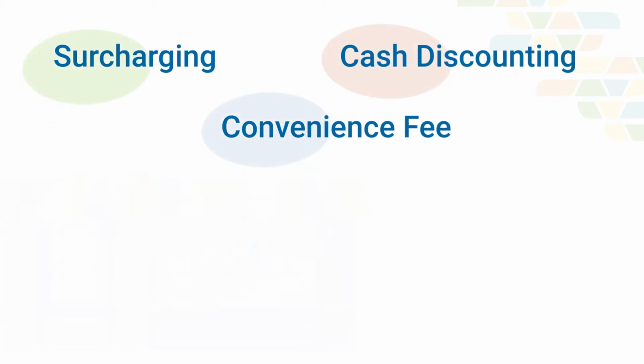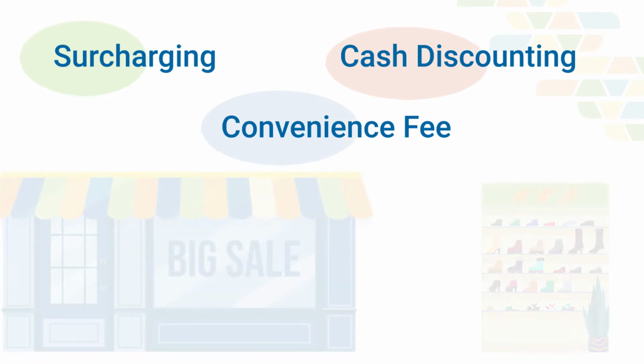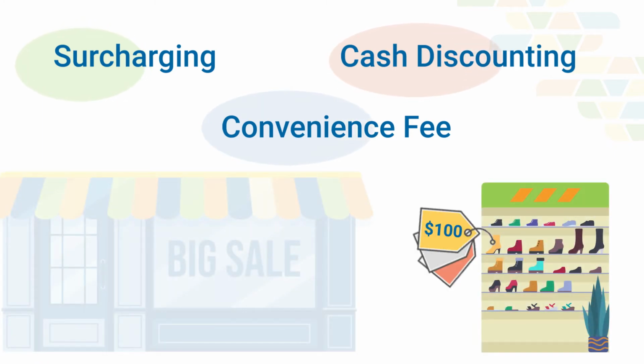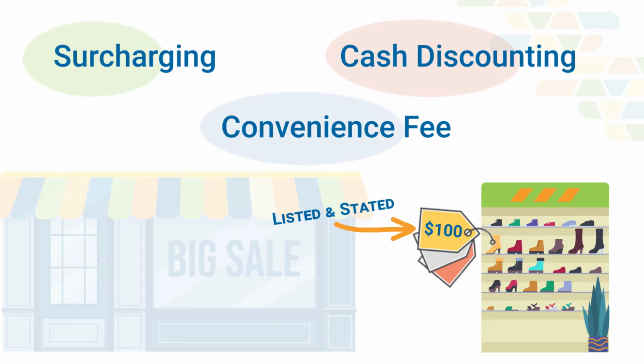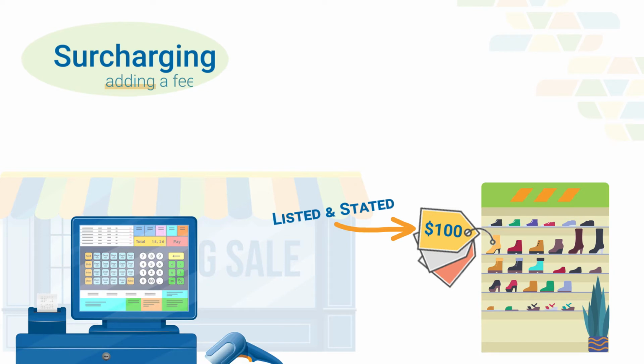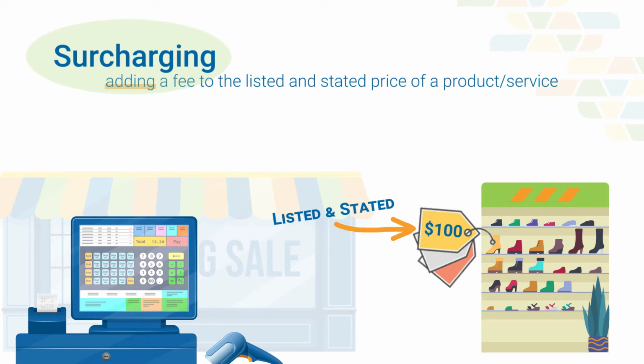The easiest way to remember the difference between these programs is to know that they actually operate just like their name implies. So just think of listed and stated price of a product or service. That's going to be the terminology that we use. A surcharge program is the process of adding a fee on top of the original sale amount of a product or service. So it's in addition to and on top of a price point.